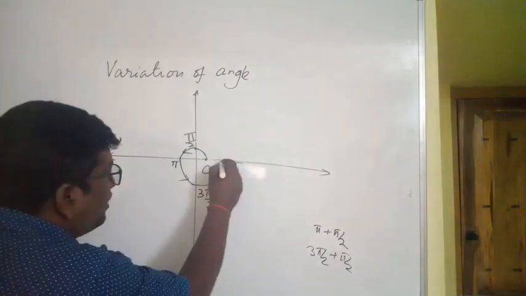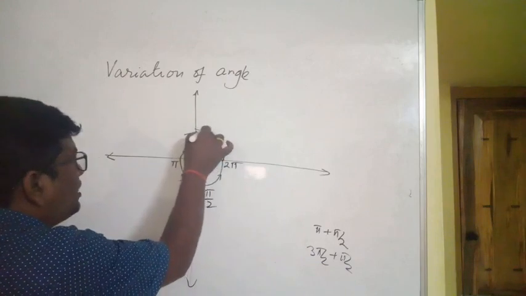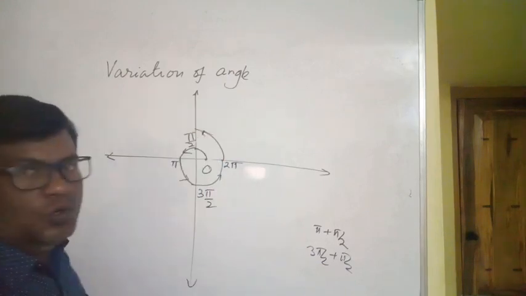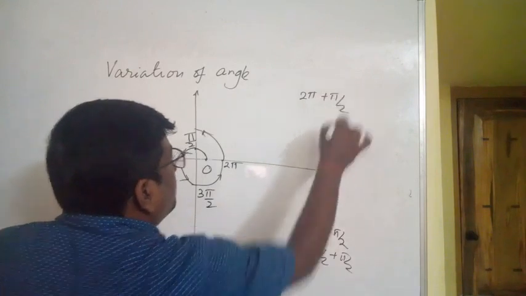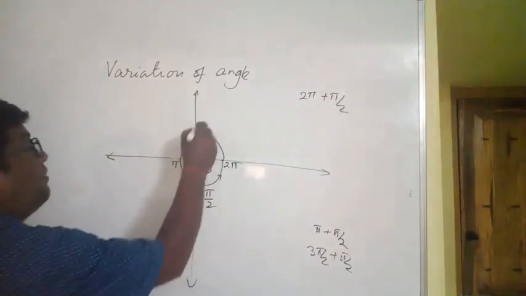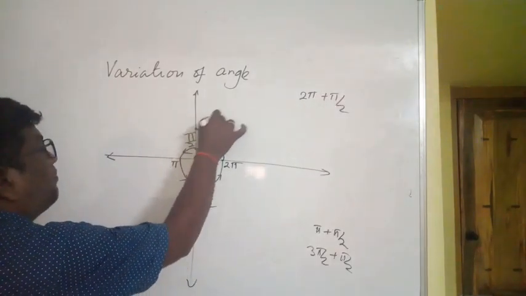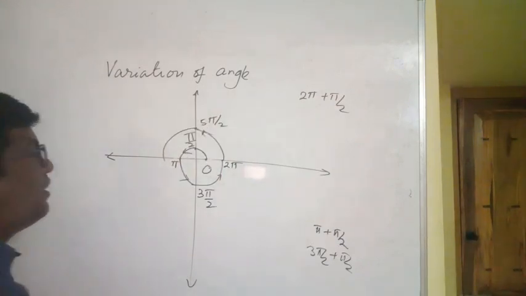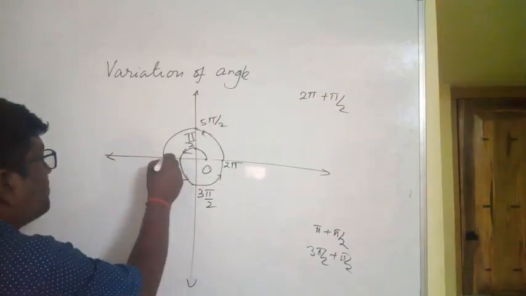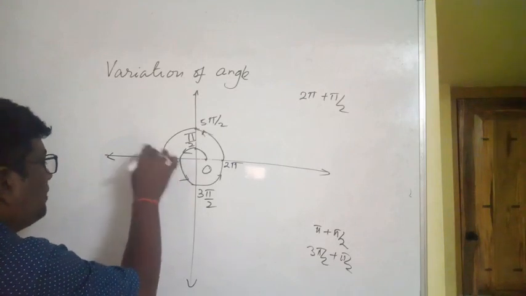Again 2 pi plus pi by 2 is 5 pi by 2, and 5 pi by 2 plus pi by 2 is 6 pi by 2, which means 3 pi.